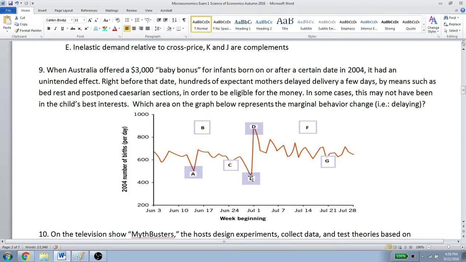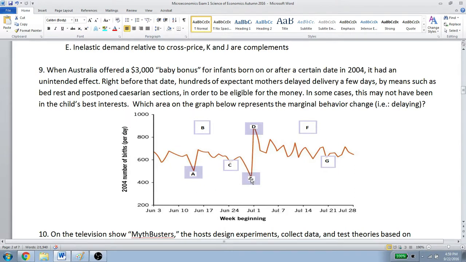But what we see is in the last couple of days of June, right before this big $3,000 baby bonus was going to be paid out, that the number of births dropped from around, let's say, 620 down to something closer to 400.